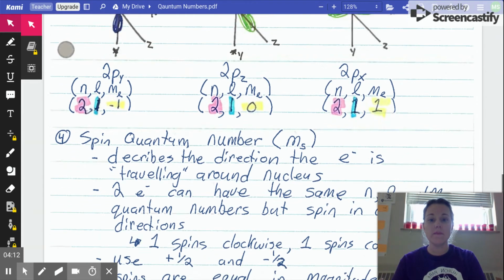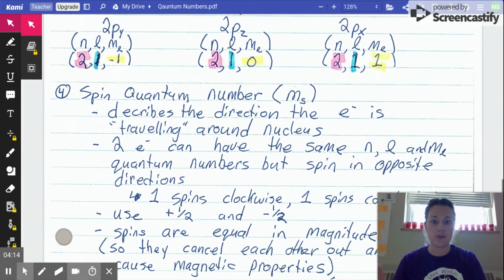The fourth quantum number describes the direction the electron is spinning. This is called the spin quantum number, or MS, right here. Two electrons can have exactly the same amount of energy, N, shape, L, and orientation, ML, but they're spinning in opposite directions.